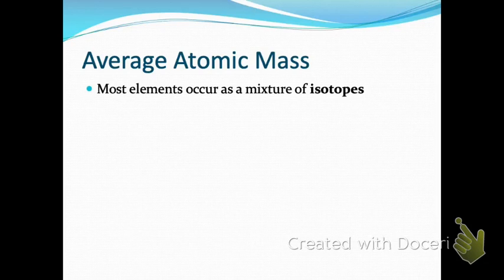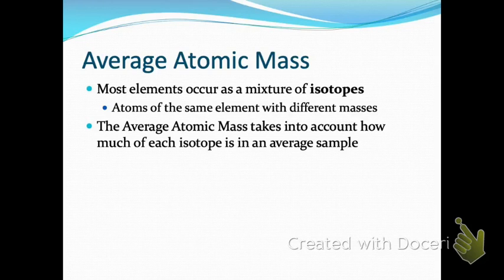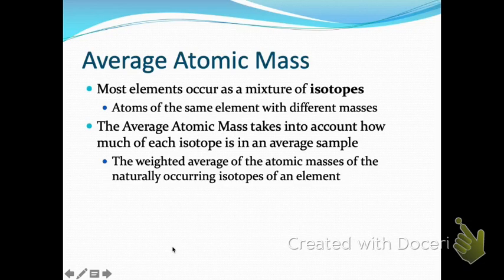We know that isotopes are atoms of the same element with different mass. But the average atomic mass takes into account how much of each isotope is in an average sample. So we called it, again, a weighted average of the atomic masses of an element. Right? That's what the average atomic mass is.